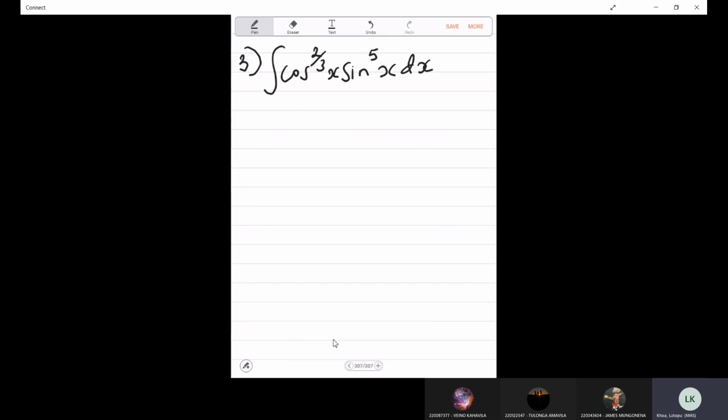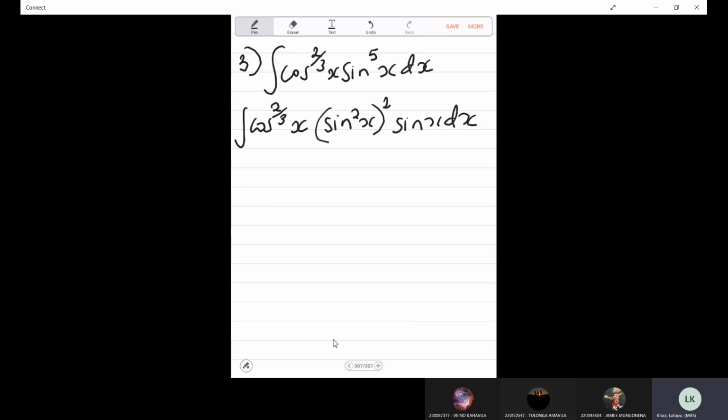So this is the integral of cos 2 over 3 of x there. So the 2 over 3 is an exponent. We treat it like we've been treating all the other exponents. And then we say this is sine squared of x, squared, times sine of x dx.